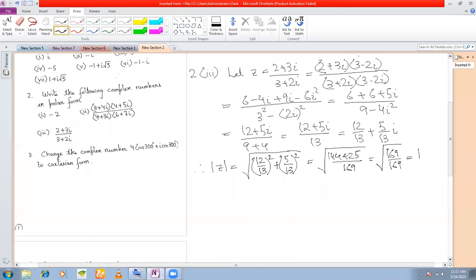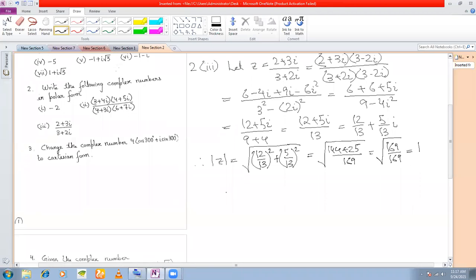So the modulus of this is 1. And what should be the argument? If you see the real and imaginary parts here, both are positive. So directly, without even drawing the Argand diagram, you know that it will be in the first quadrant only.